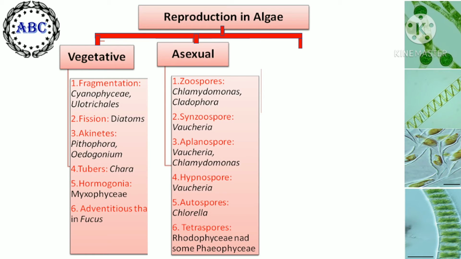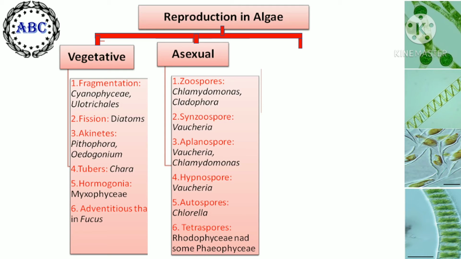The second type of reproduction is asexual reproduction, in which asexual spores are formed. First, zoospores. Zoospores are flagellated asexual spores. They are formed in the reproductive body called the zoosporangium.